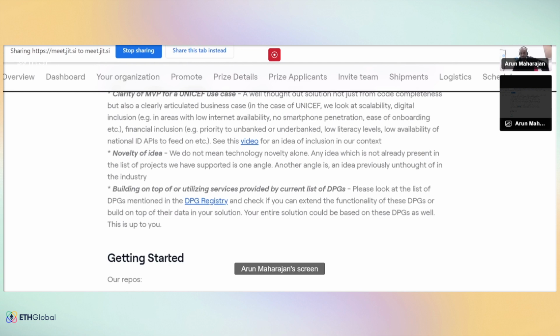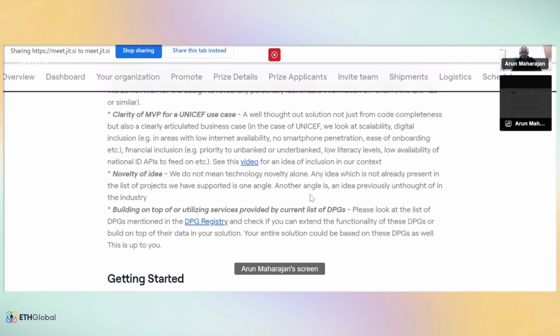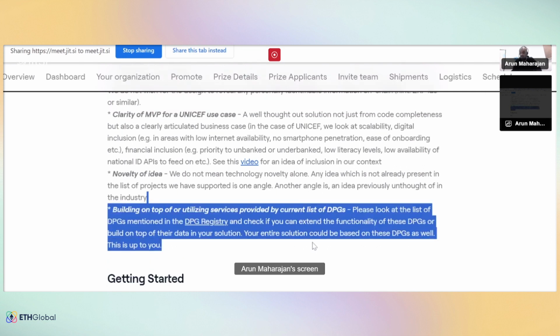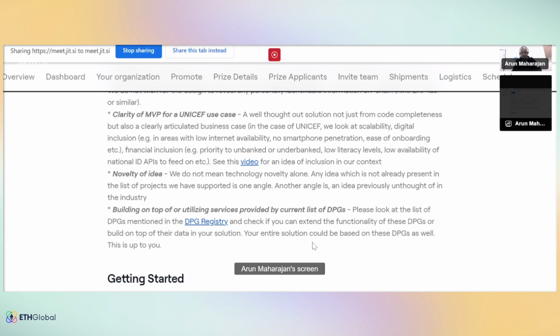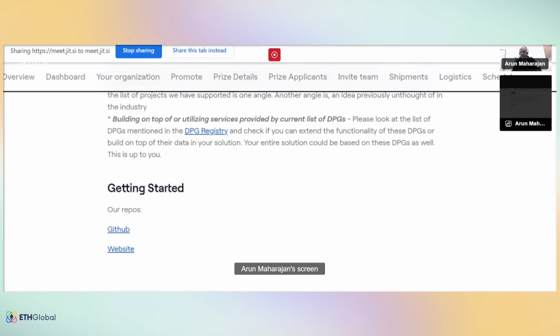Can Web3 help them in some way? That's also an angle, in which case, ultimately the link back to climate or the link back to humanitarian or social protection aid has to be made. But this is an interesting criteria for you guys. You can take a look in the coming days and maybe prepare accordingly.